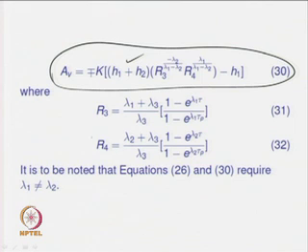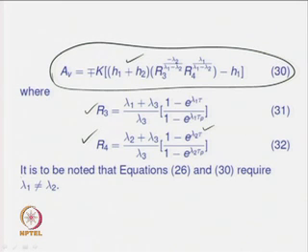What are R3 and R4 here? R3 is equal to (lambda 1 plus lambda 3) upon lambda 3 times (1 minus e to the power lambda 1 tau) upon (1 minus e to the power lambda 1 tau p), and R4 is given as (lambda 2 plus lambda 3) upon lambda 3 times (1 minus e to the power lambda 2 tau) upon (1 minus e to the power lambda 2 tau p).